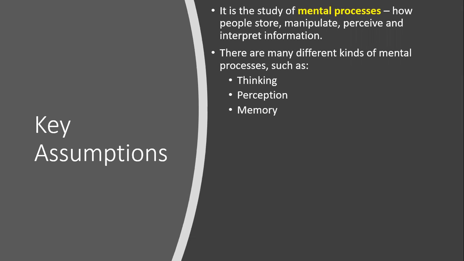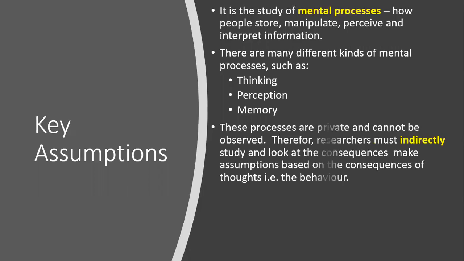These are explored differently by different types of cognitive psychologists, and these will help us understand our mental processes. When we do memory, which is in paper 1, we will understand these cognitive processes further. Now, the thing about these internal mental processes, they are private and we cannot observe them.